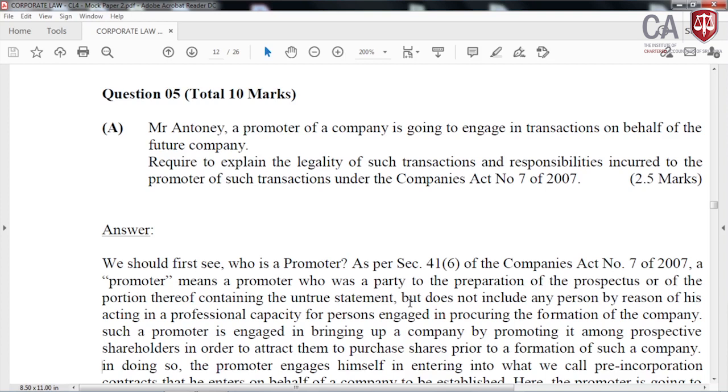So 2.5 into 4, and totally for question number 5 having 4 parts, you are going to get a total of 10 marks.